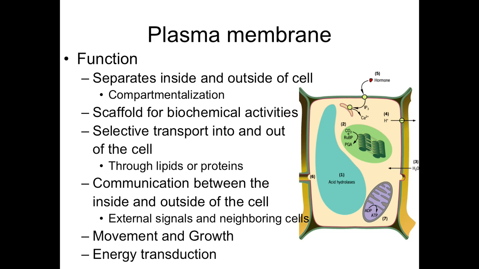So anything that involves the interaction between outside of the cell with inside of the cell: communication between other cells, transport of things into the cell and out of the cell. And then, in addition to these interactions between the inside of the cell and the outside of the cell, the other function of the membrane is that it acts as a scaffold.